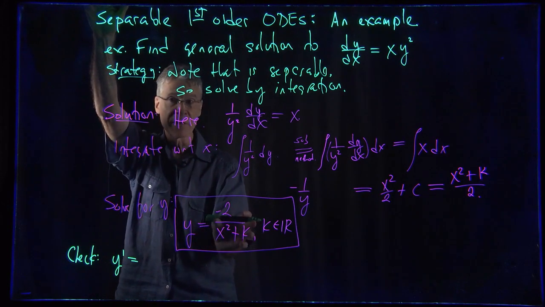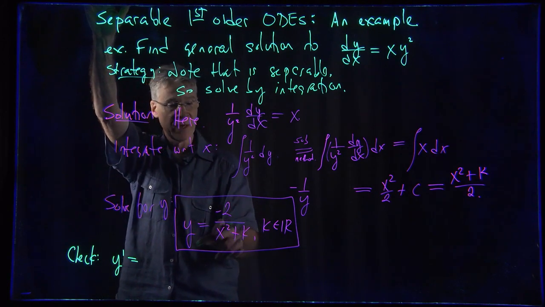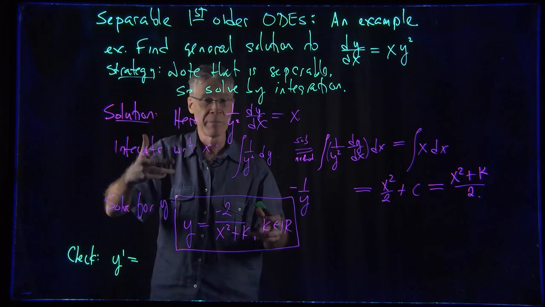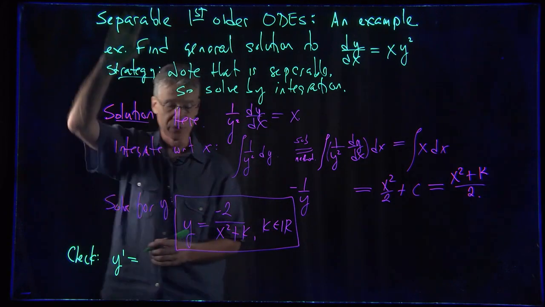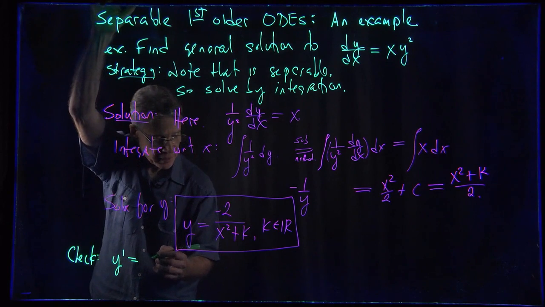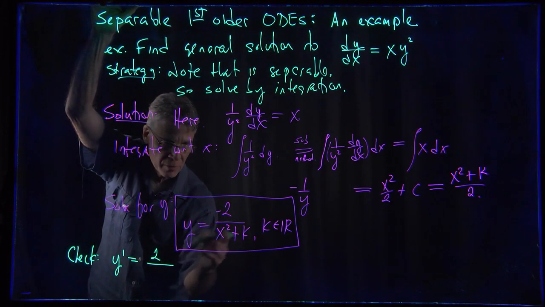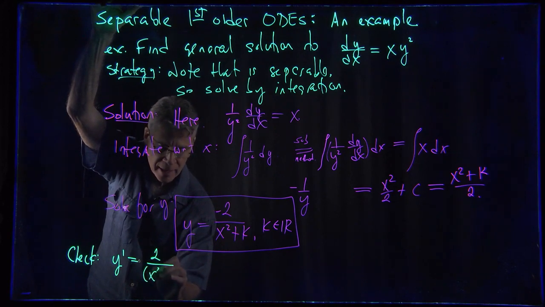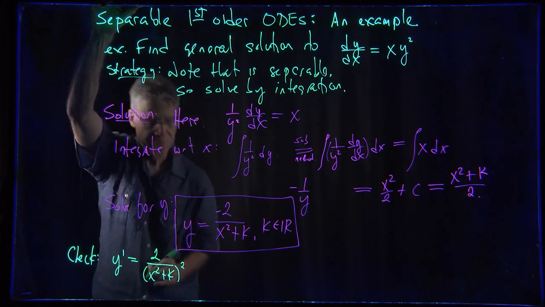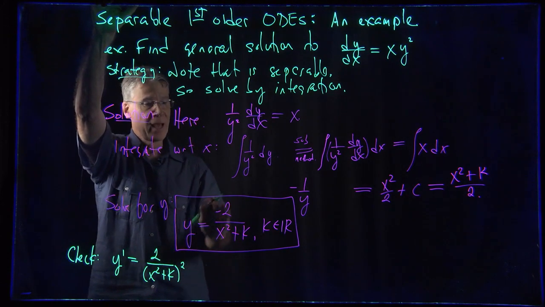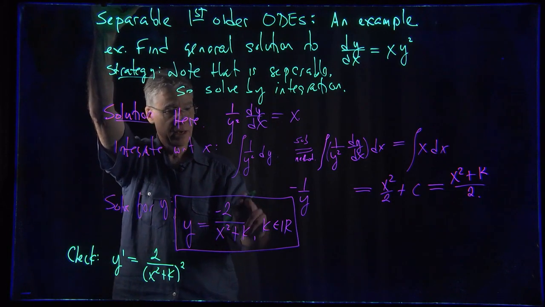So the derivative is going to be, if we consider this as minus 2 times x squared plus k to the minus 1 power, there'd be a chain rule argument there. This winds up being 2 over, because there's a minus 1 there, x squared plus k squared.